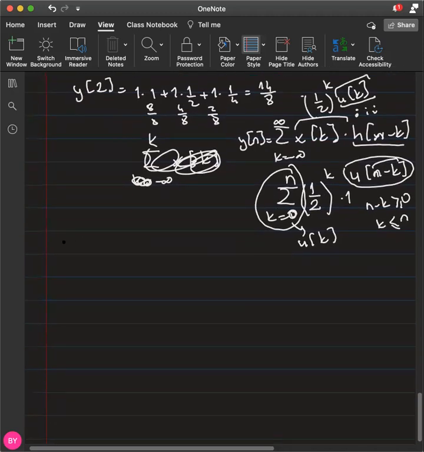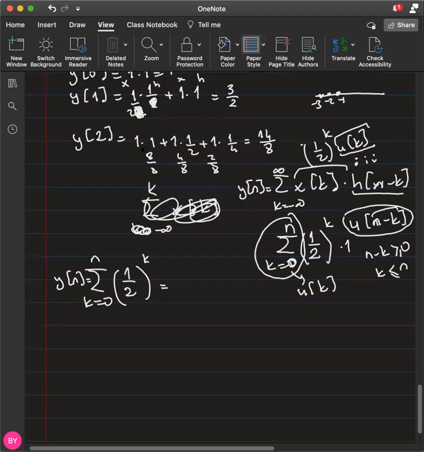And finally, what do I have? I will have my y of n equals the sum from 0 to n of 1 over 2 to the power k. And using the formulations of these multiplications, as you can see here, 1 times 1 over 2, 1 over 4.